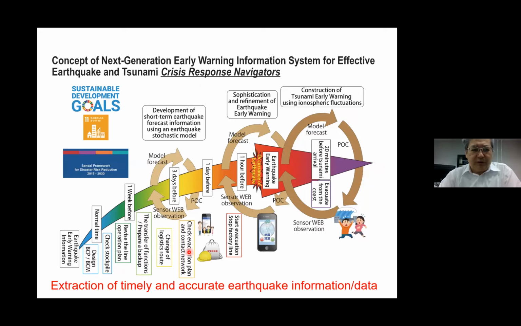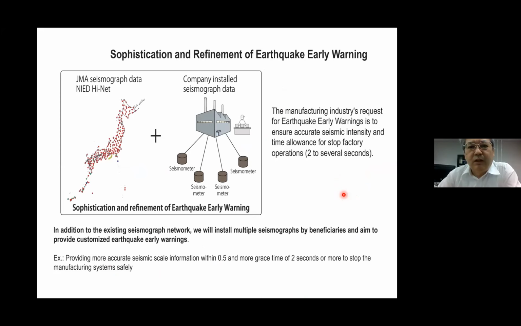Anyway, the important thing is to extract timely and accurate earthquake information or data from pre-earthquake signatures, earthquake alarm signatures, and tsunami signatures. This is a very important point of view. What do we need to improve the current earthquake early warning?